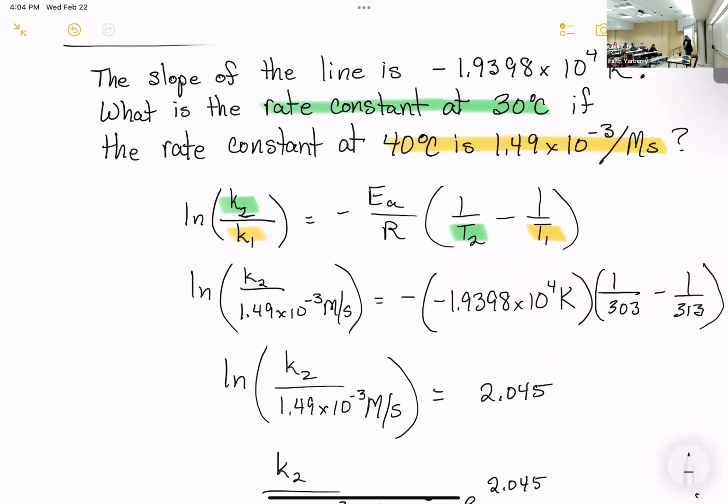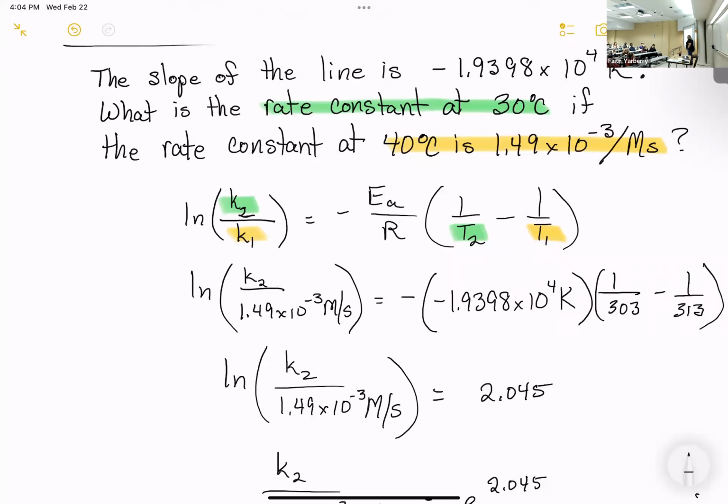So basically, I knew that I was going to be dealing with the rate constant at 30 and the rate constant at 40. That told me I needed this previous equation. So natural log, I chose, it wouldn't have mattered if you chose this K1 and K2, as long as you kept the appropriate pieces together. Getting the 2.045 there.